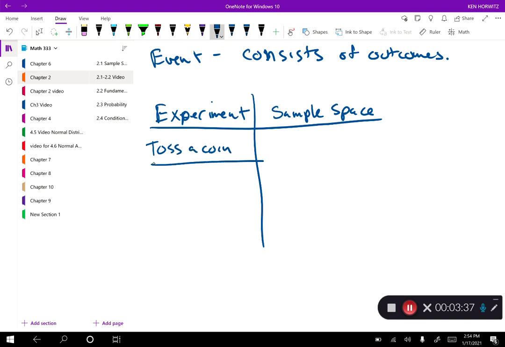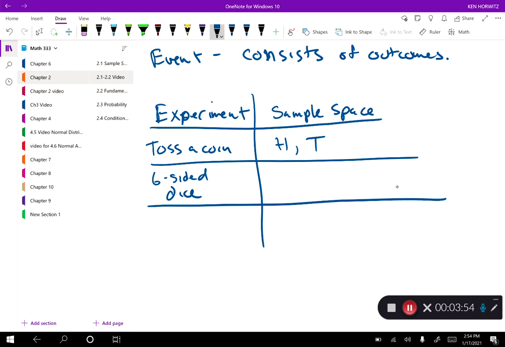The sample space for tossing a coin is you can get either a head or a tail. If your experiment was rolling a 6-sided die, the sample space would be 1, 2, 3, 4, 5, 6.